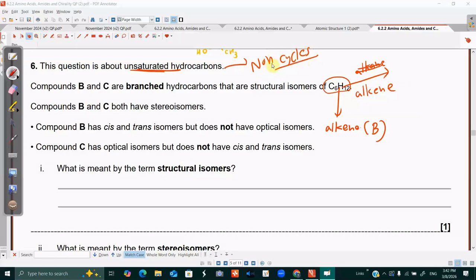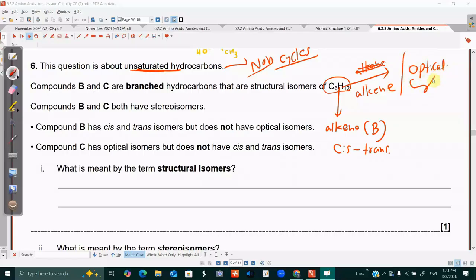Sometimes there can be cyclic ones also. Now we are sure it is not cyclic, it is an alkene. One is an alkene, it is cis trans. Can't the alkene also be cyclic? This one is not a cis trans isomer. Alkene, but it is not cis trans but optical isomer.